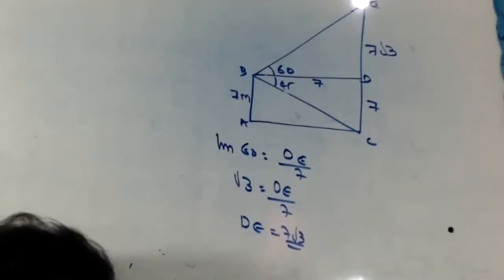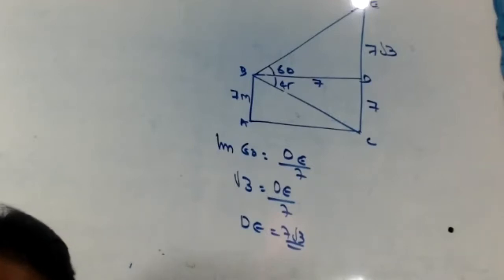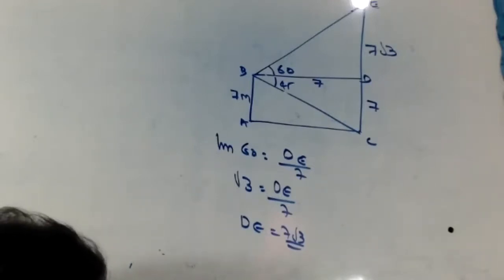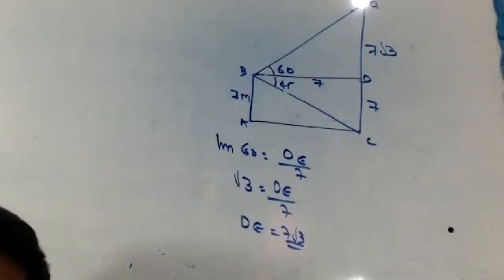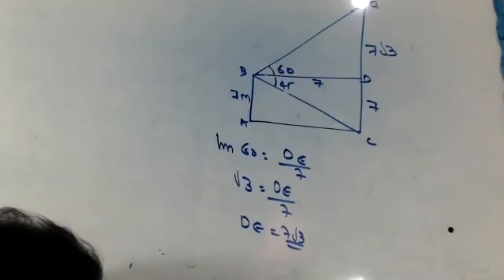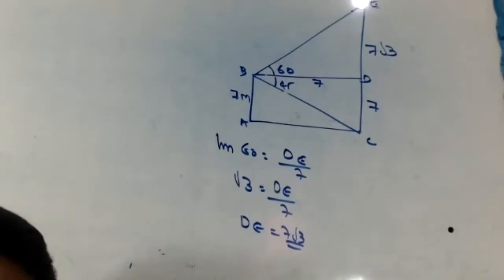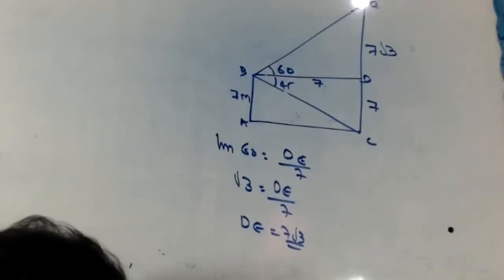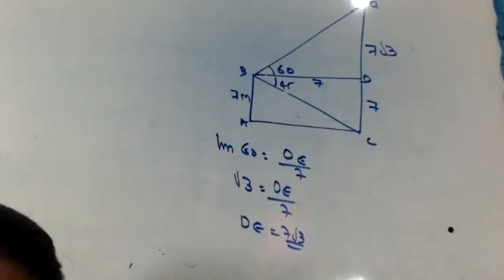Anyway, as observed from the top of a 75-meter high lighthouse from the sea level, the angles of depression of two ships are 30 degrees and 45 degrees. Okay, question again.